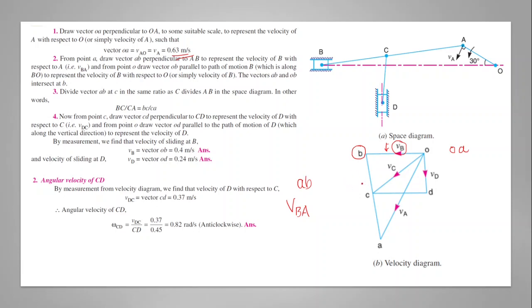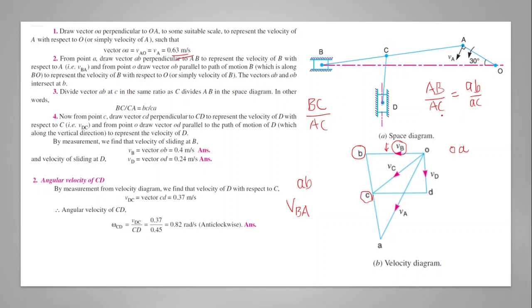Then we can find out the small letter c in such a way that capital BC by AC, or capital AB by AC, must be equal to small letter ab by ac. We can take any convenient ratio to find out this point c, small letter c, on this velocity diagram.